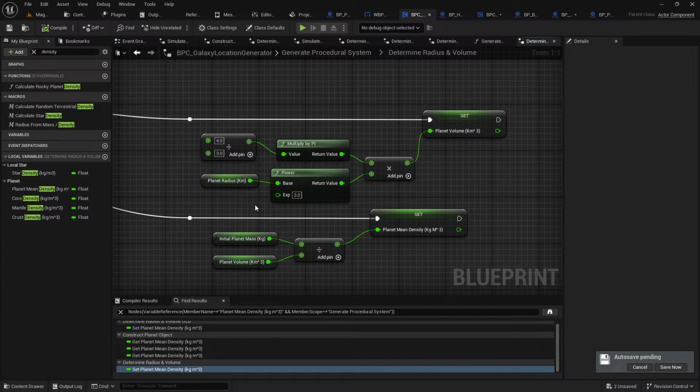Yeah, I wonder if it's the unit of measurement that's the issue here.